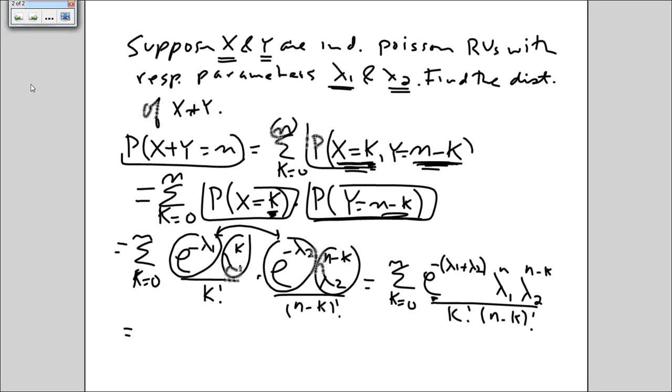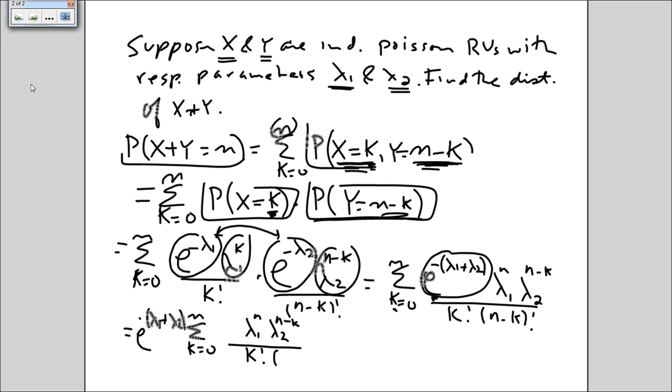Now, there's my summation as k goes from 0 to n. This factor has no k's in it, so I can factor it out in front: e to the negative lambda 1 plus lambda 2, times lambda 1 to the n times lambda 2 to the n minus k, all over k factorial times n minus k factorial.